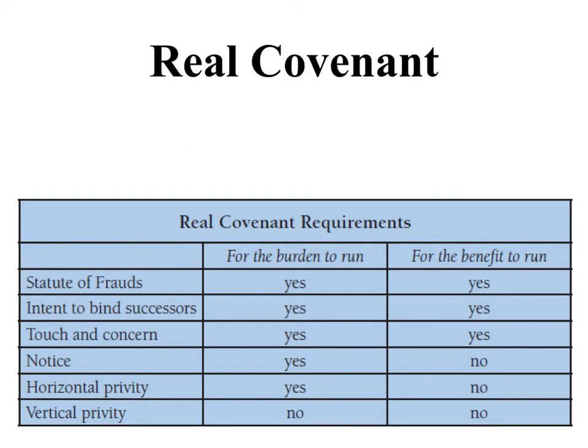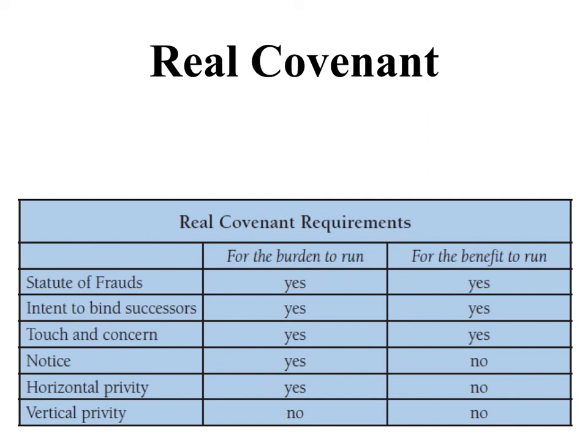Now, note that you only need notice for a burden to run, but not for a benefit to run. And that makes sense, right? If a landowner is being burdened, we want them to have notice that they're being burdened.